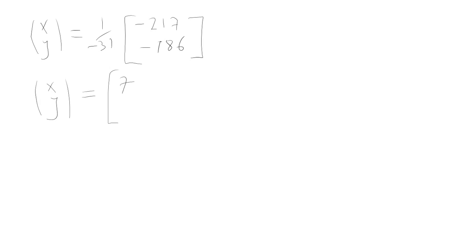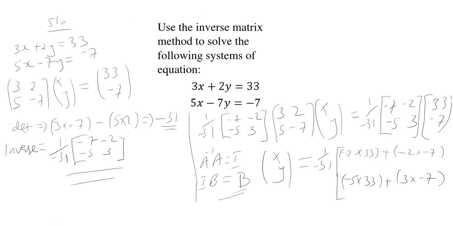And when you multiply with negative 186, you get 6. And from matrix equality, this will give us x being 7 and y being 6. And these will be the solutions for our equations using the inverse matrix method.